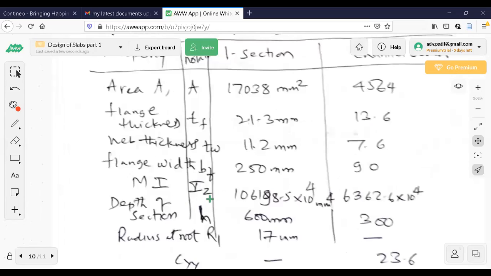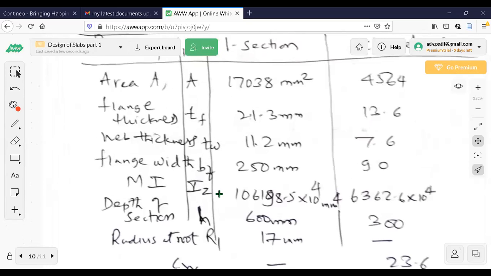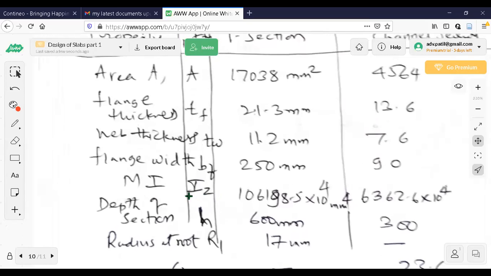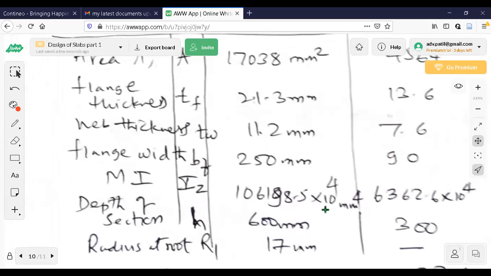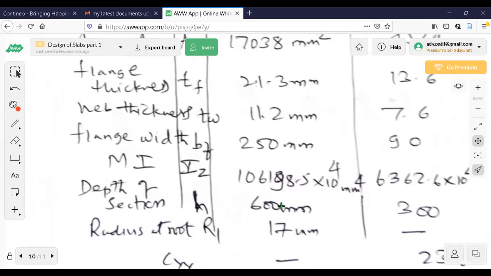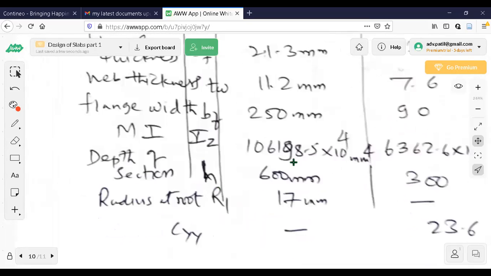Then moment of inertia Iz as well as Iy is given. I have not written it here. For this calculation, it is not required. For the entire solution of the Gantry Girder, Iy is also required. But here, not required. MI is equal to Iz, I have written. So this much is the value. Okay. This is the value of Iz. Depth of the section H is 600 mm.